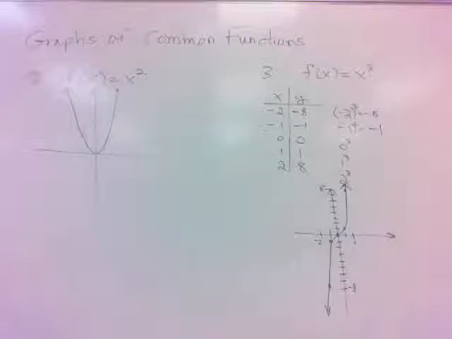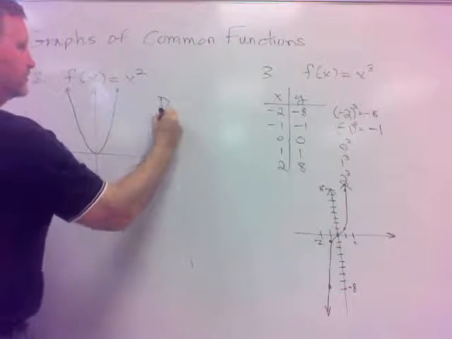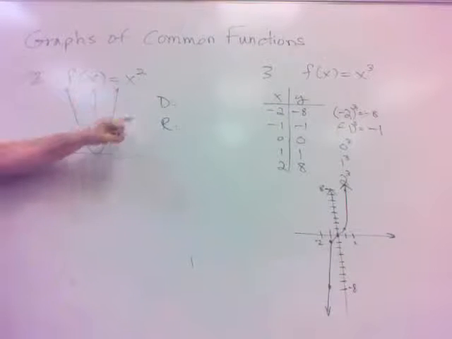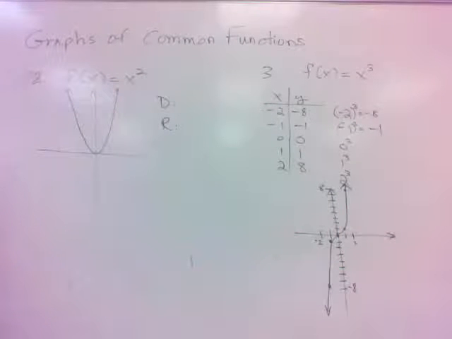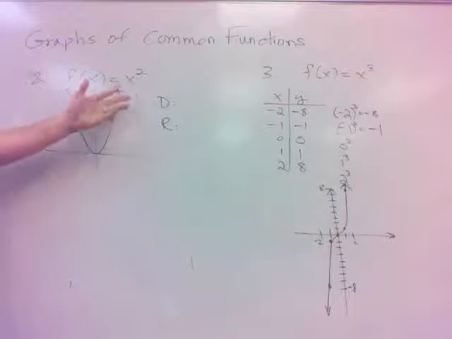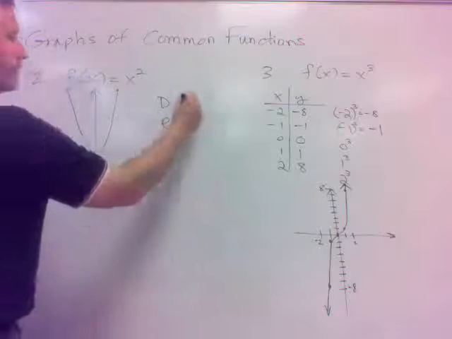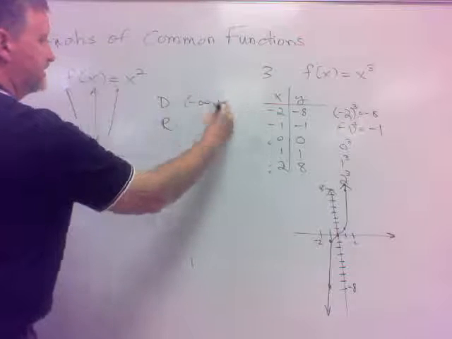I wanted to mention also the domain and range. Back on the x squared one, what's your domain and range there? The domain is the x values, the range is the y values. Well, for the domain, x can be anything. There's no real restriction on x. All real numbers, negative infinity to positive infinity.